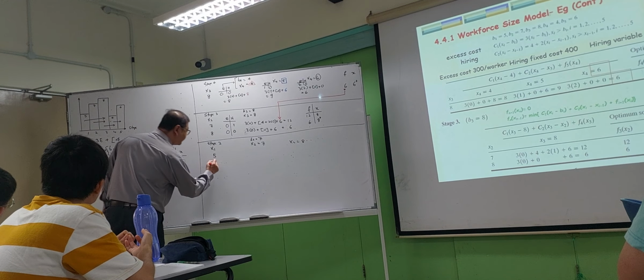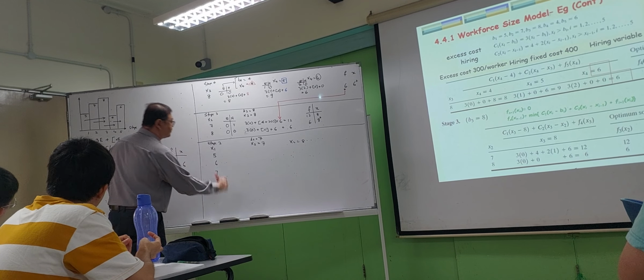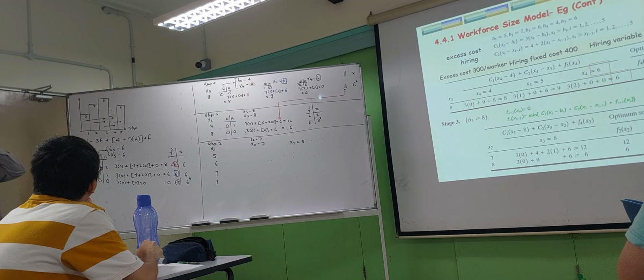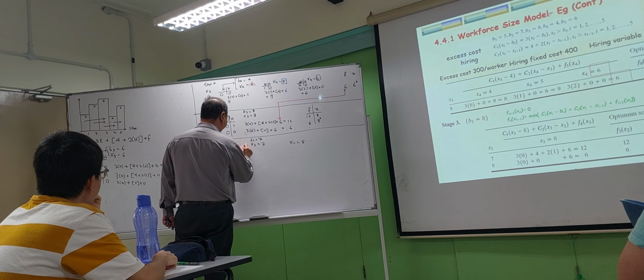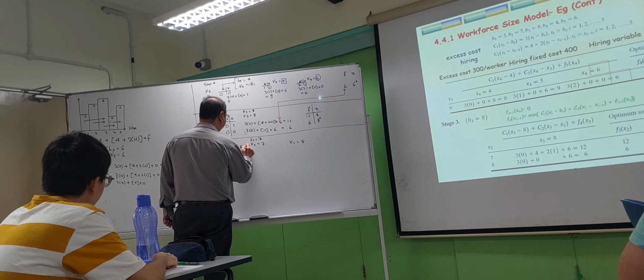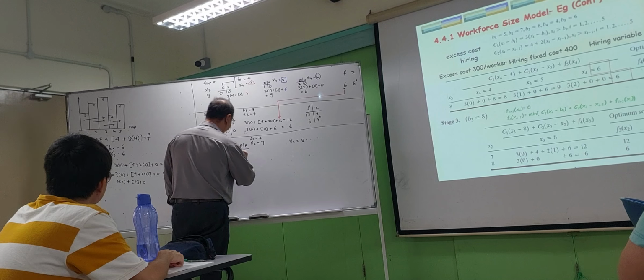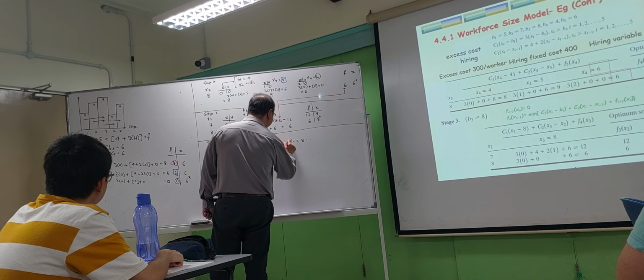So 5, 6, 7, 8 to right. So for each of these, we calculate extra hire.